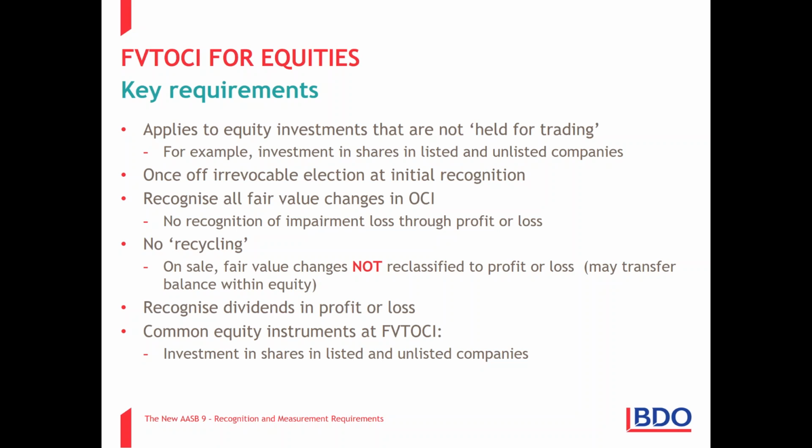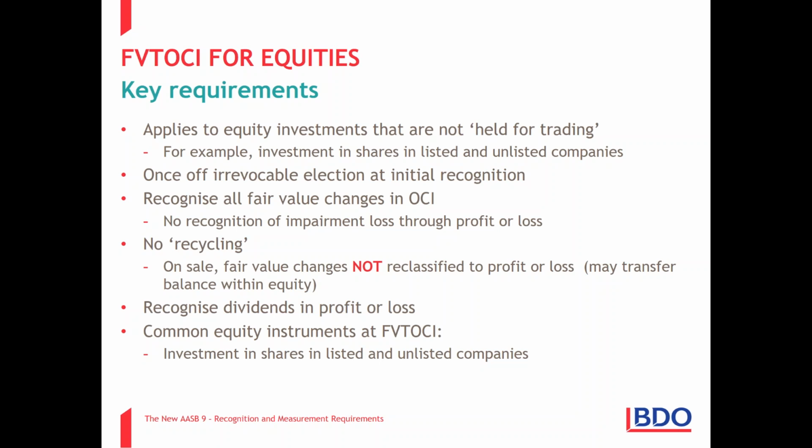All changes in fair value go through OCI, so you never have this current problem of impairment losses going through profit and loss and increases going through OCI. All fair value changes go through OCI. Very important bullet point 4, there's no recycling.